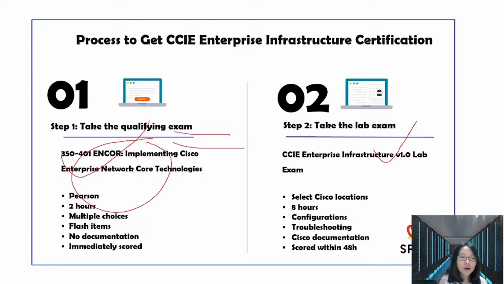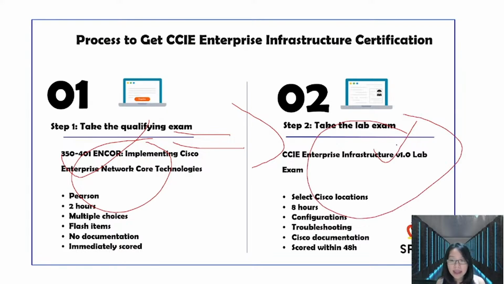After passing the written exam, you can take the second exam, the CCIE EI hands-on lab exam, covering enterprise networks through the entire network lifecycle, from designing and deploying to operating and optimizing.